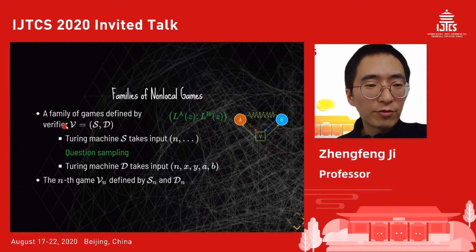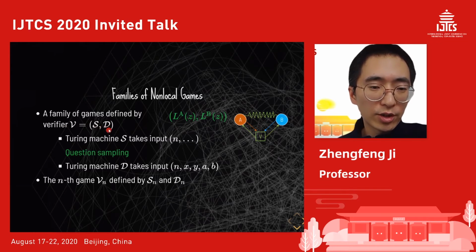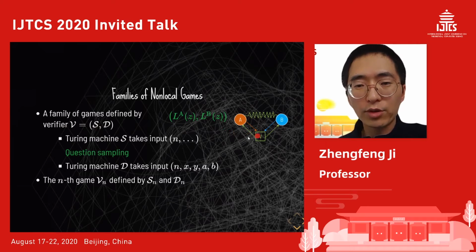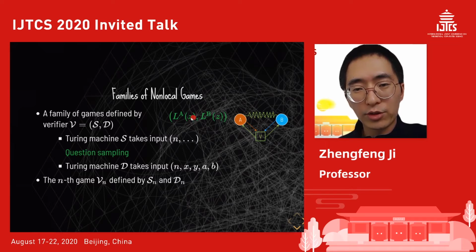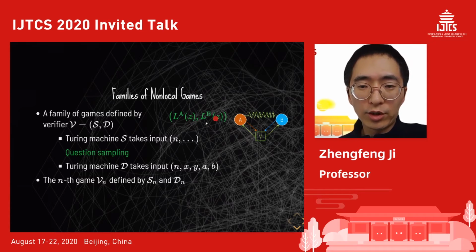So a verifier V is a pair of Turing machines S and D. S is the Turing machine taking care of the sampling procedure. So basically, you can generate a random seed Z, and then apply some functions L_A and L_B, and that would be the question for Alice, and that would be the question for Bob.